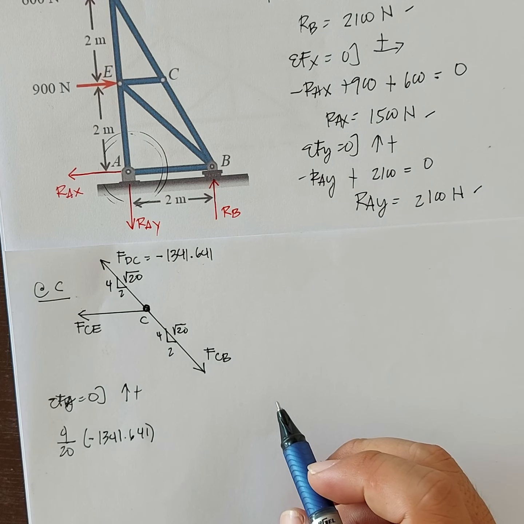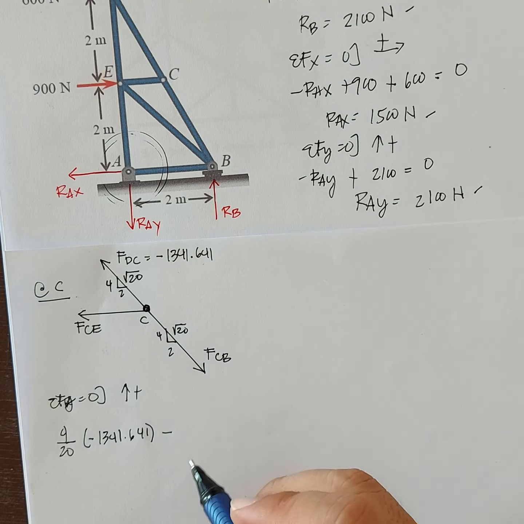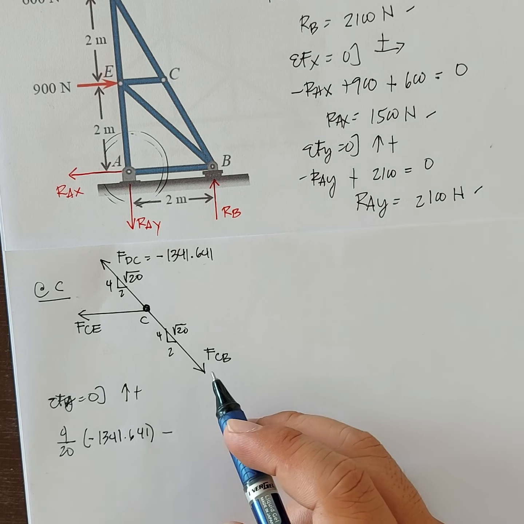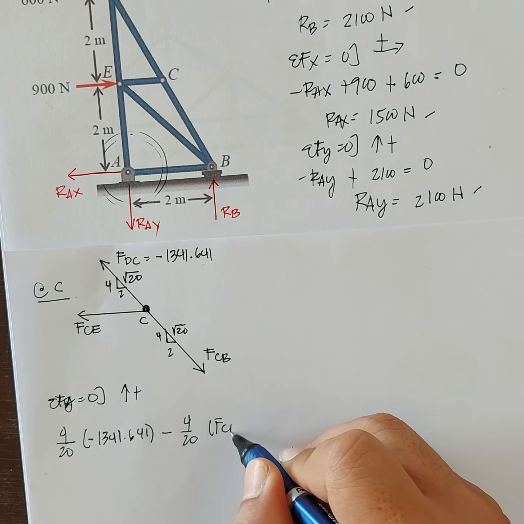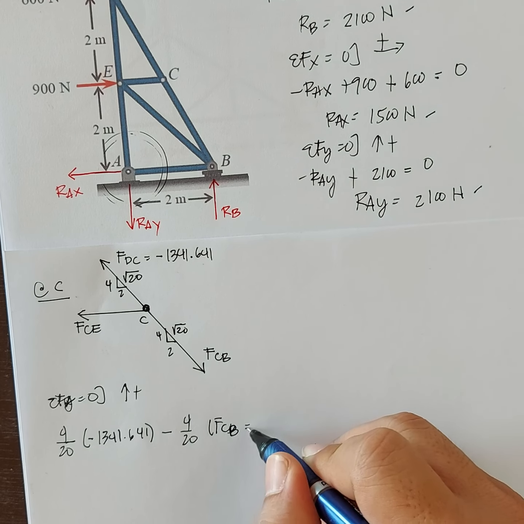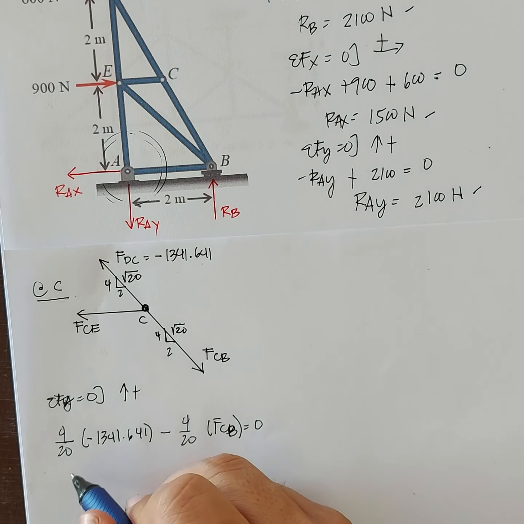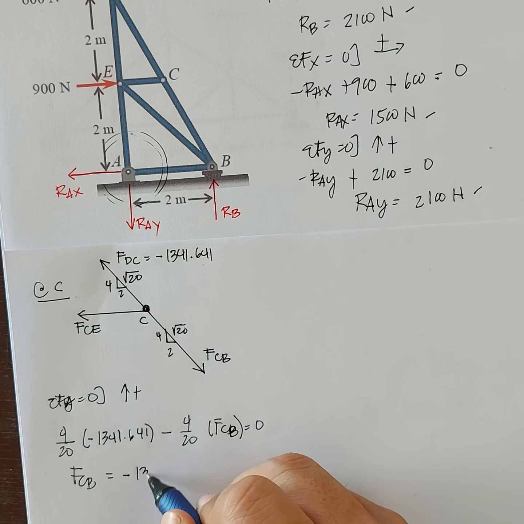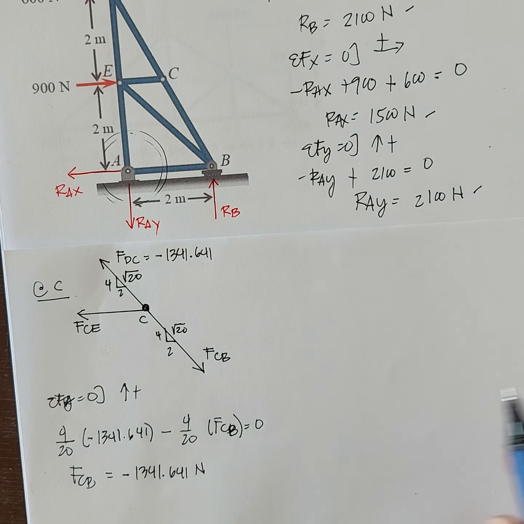Okay. Minus, ito, kasi downward siya. Yung vertical component niya, that is 4 over 20 times FCB equals 0. Ayan. So FCB is equal to negative 1341.641 newtons.